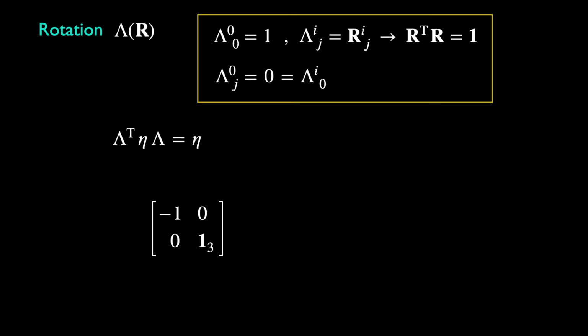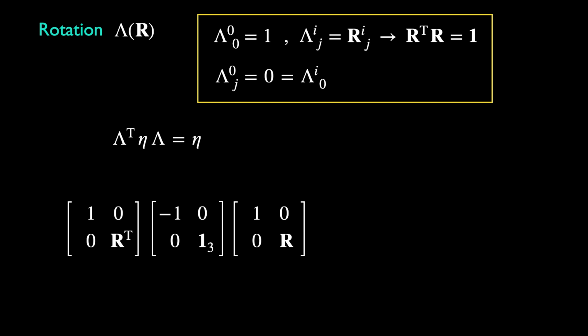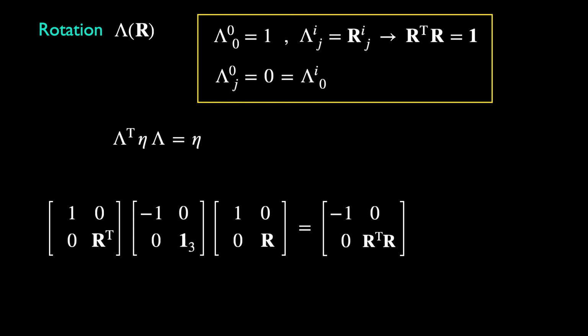Let's apply the matrix in the yellow box on the right-hand side of eta, and the transpose on its left, which gives, by the fact that R is an orthogonal matrix, we get back eta. Thus spatial rotation is a Lorentz transformation.